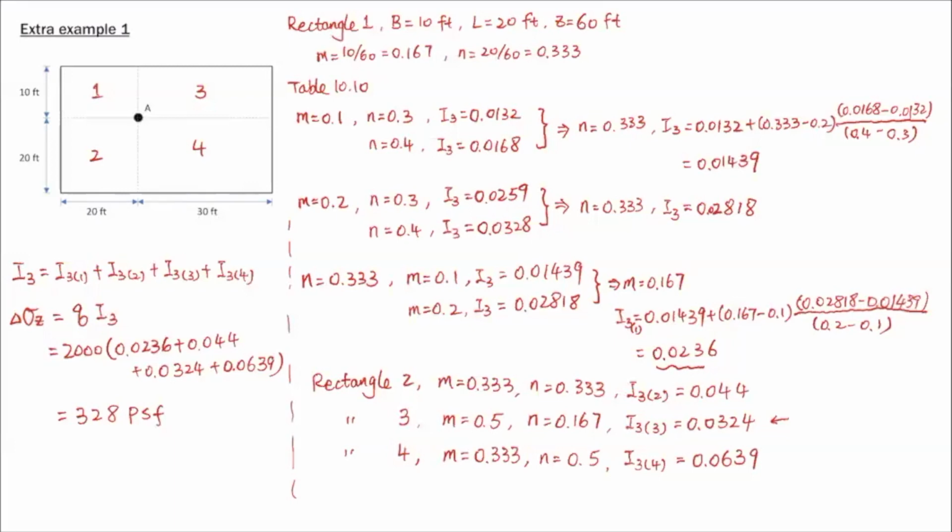If you set m of 0.167 and n of 0.5, so basically you use the smaller value for B to calculate m and the larger dimension for L to calculate n, and you look at the table, you get the same I3 value. So m and n values for that table 10.10 are interchangeable.